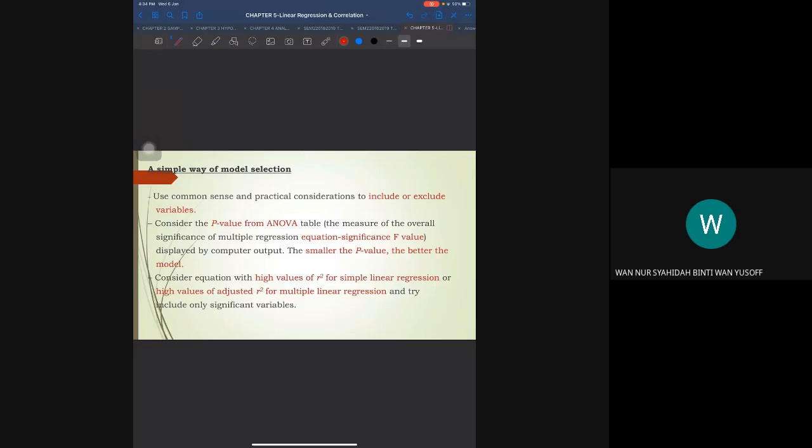Okay, so in theory, we have two characteristics that we use to determine the best model. The first one is significant p-value.